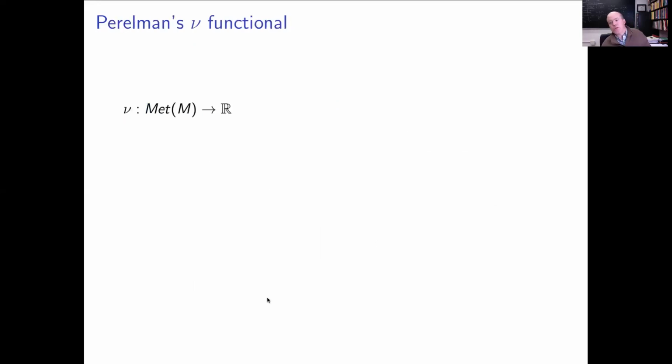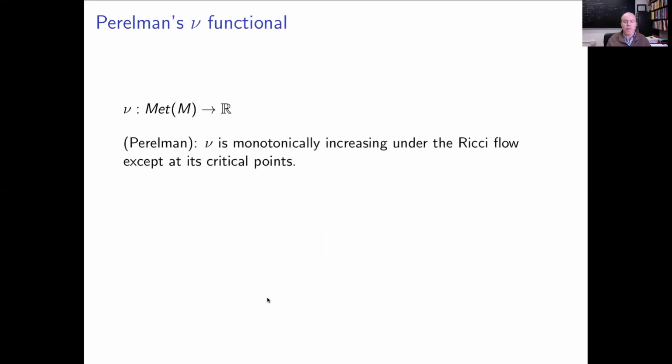Okay, so to study stability, Perelman introduced his W and nu functionals. I used to always start my talks by giving the definitions, and I don't really think you would get so much from seeing the definition if you're just getting an overview of what's going on. For us, all we need to know is that it's a functional which is defined on your space of metrics and outputs a real number, and its key property is that it's monotonically increasing under Ricci flow, unless you're at critical points.